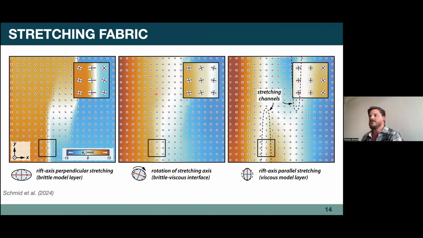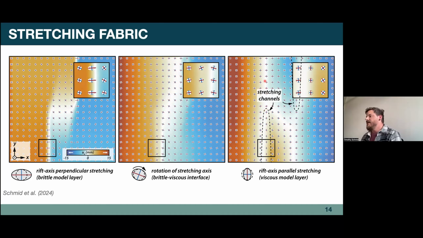And for this, we were looking at the finite strain in our models. And again, here you see the upper crustal domain, and you see that the stretching axis of our strain ellipse is parallel to the stretching direction of the overall model domain, namely the rifting direction, and that's as it should be.